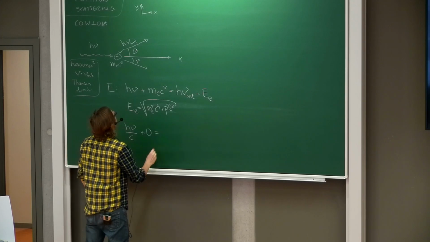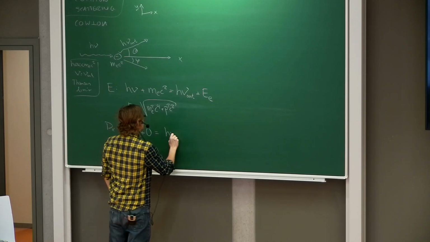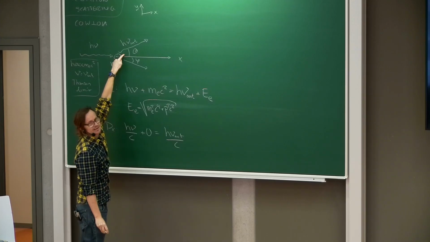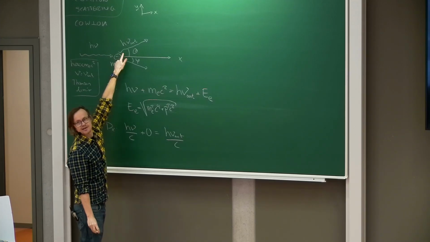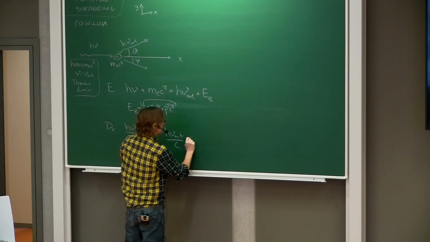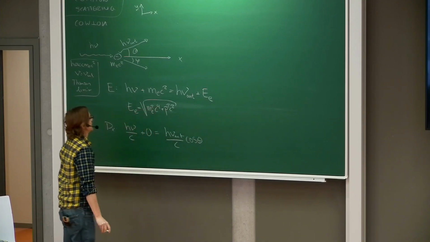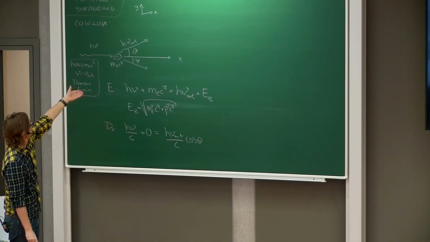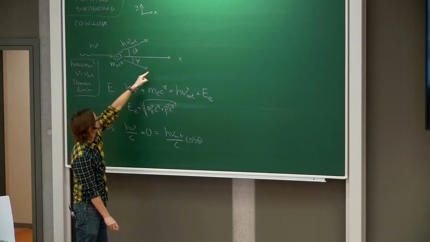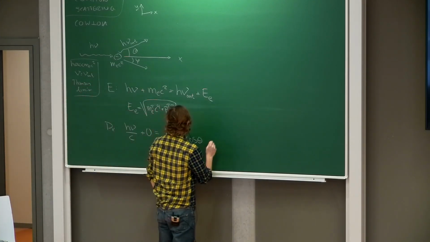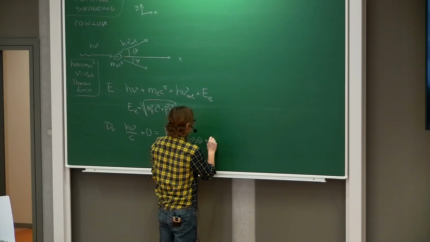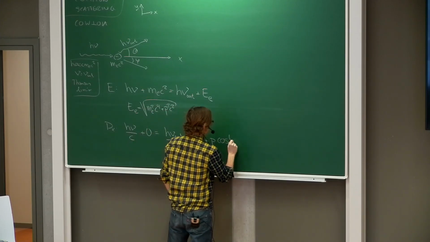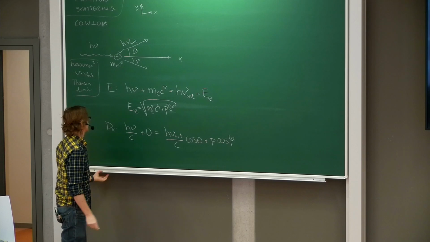The outgoing momentum is going to be h nu out divided by c, and then in the x direction, with scattering angle theta, it's just going to be cosine of theta, right? Now, the electron also has some momentum in the x direction, which will be p, that's the magnitude, times cosine of the phi angle, which is that scattering angle.